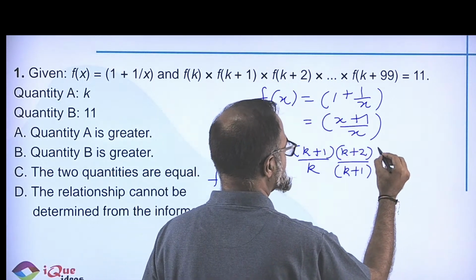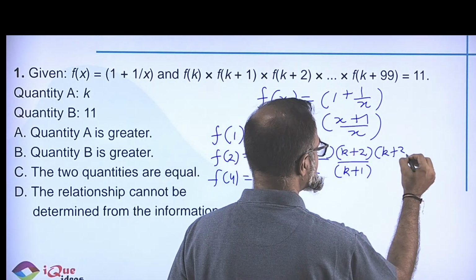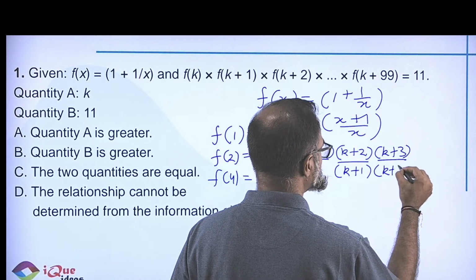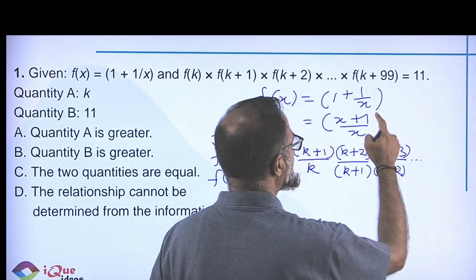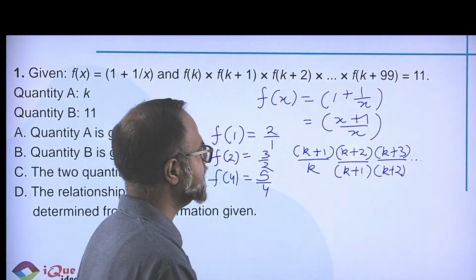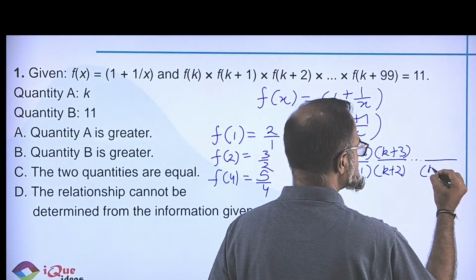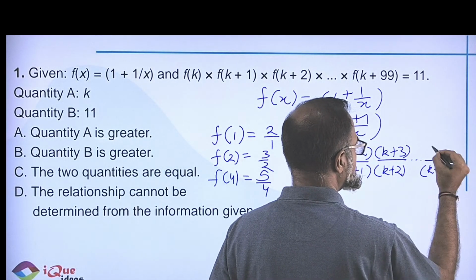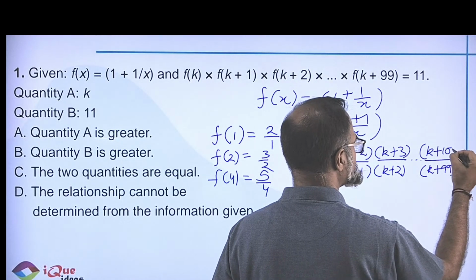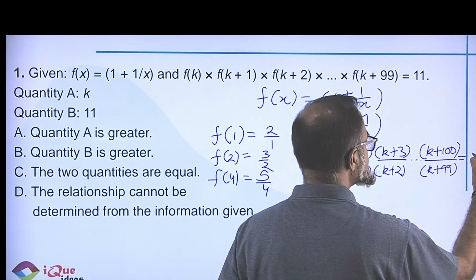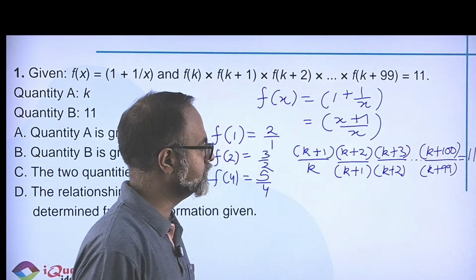So f of k plus 2 is k plus 3 upon k plus 2. So this keeps on going. And the last term is f of k plus 99. So the denominator is the number itself, k plus 99, and the numerator is plus 1, so k plus 100. And that is given as equal to 11.